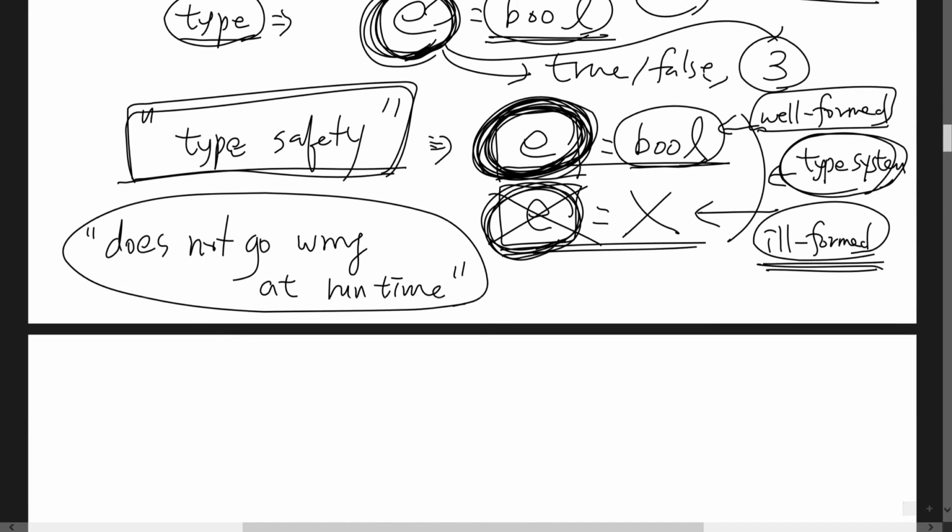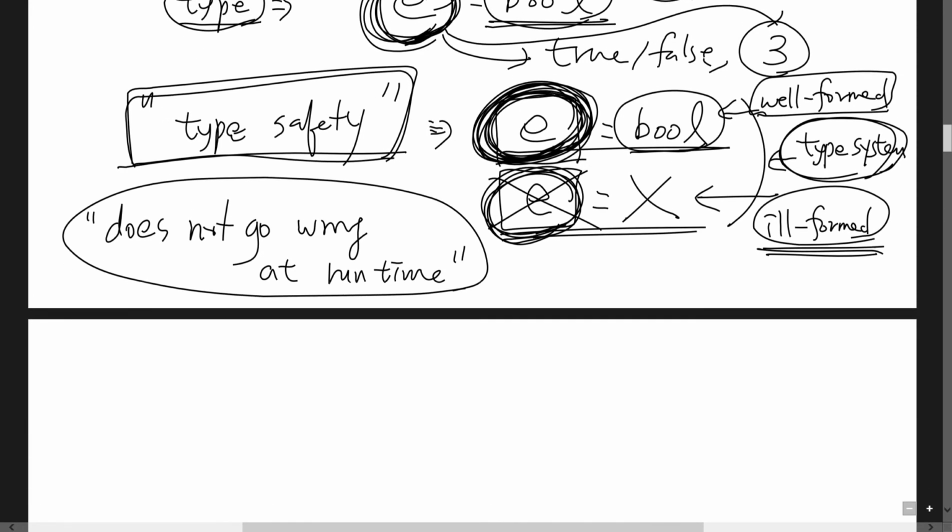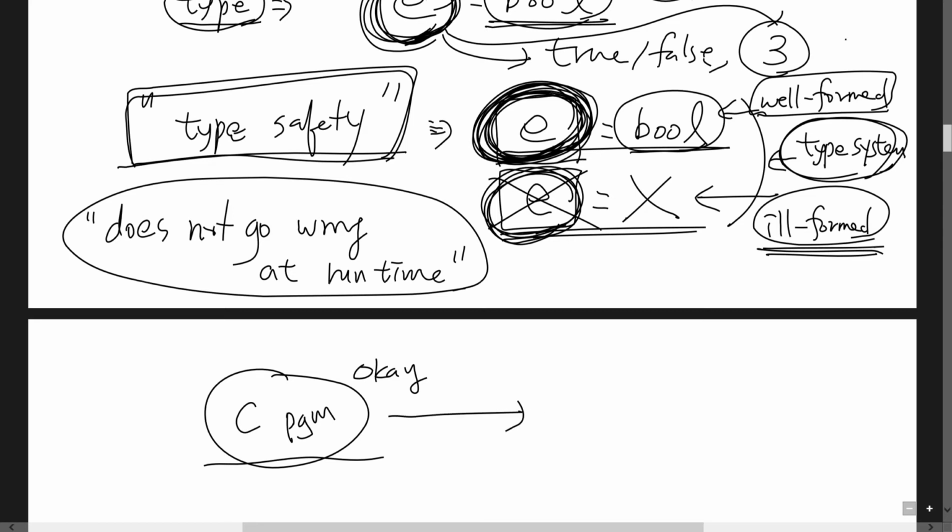Notice that not every programming language provides this type safety. For example, suppose that you have a program written in the C language. You try to compile this program, and the compiler says, okay, this program is okay. So you execute this program, but later something bad can happen.